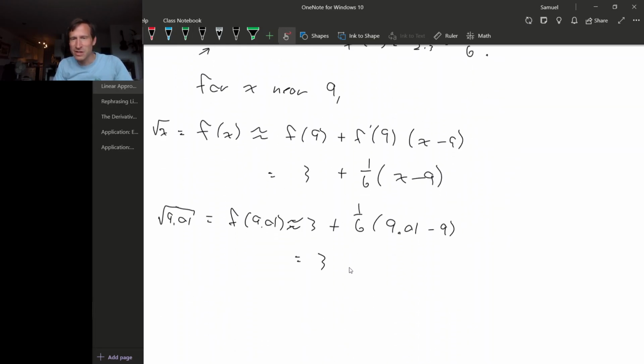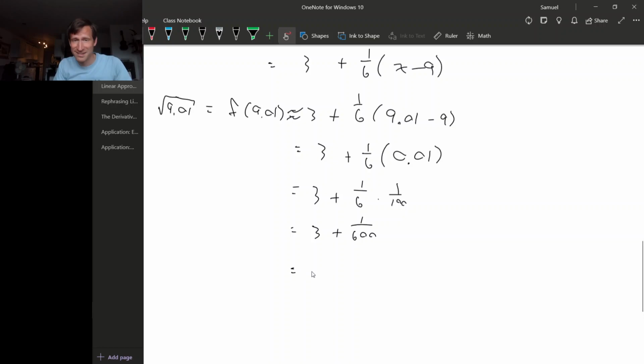So this is 3 plus 1 over 6 times 0.01. And 0.01 is 1 over 100, so this is 3 plus 1 over 6 times 1 over 100. So 3 plus 1 over 600. So 3 and 1/600th. That's approximately the square root of 9.01.